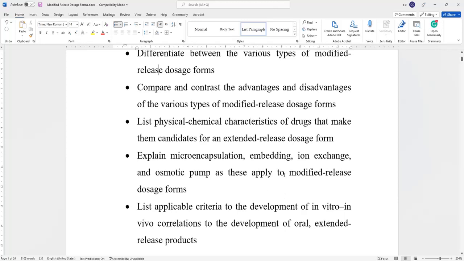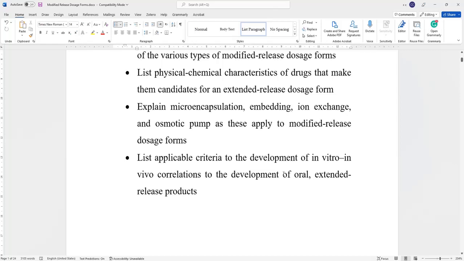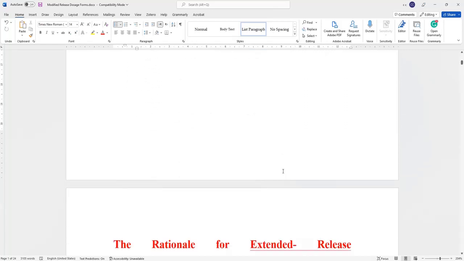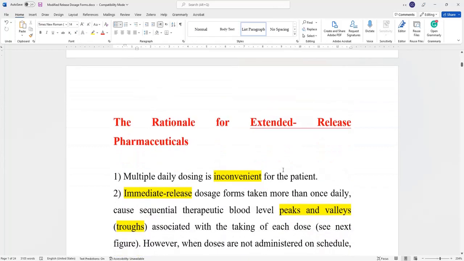Also, you need to tell me about the criteria that are used in the development of in vitro in vivo correlation. We say IVIVC, in vitro in vivo correlations, for such extended release products. Okay, so these are the things you should know by the end of this topic.